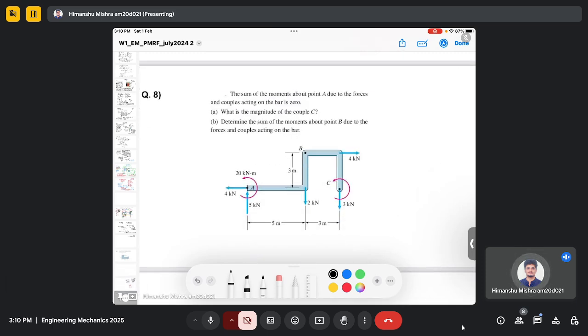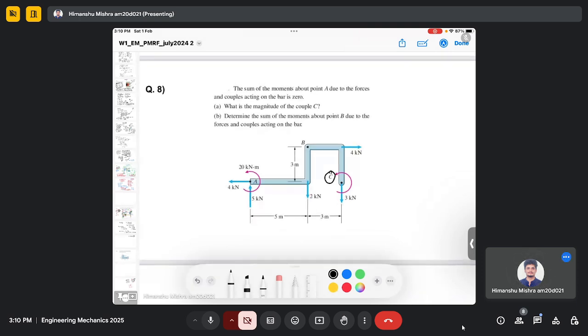So basically we need to find the moment at point C, and we are given the condition that the moment at point A is 0, and we need to calculate the moment at point C.